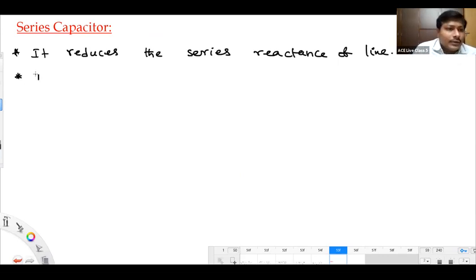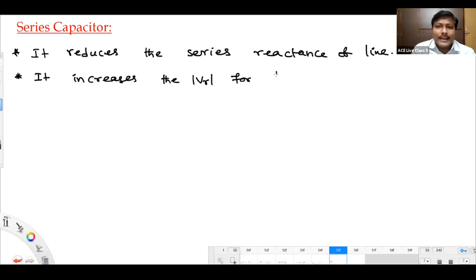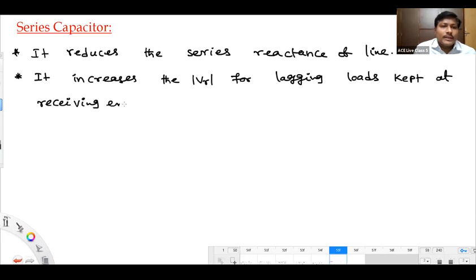So it increases the receiving end voltage magnitude, mod VR, for lagging loads kept at the receiving end side.